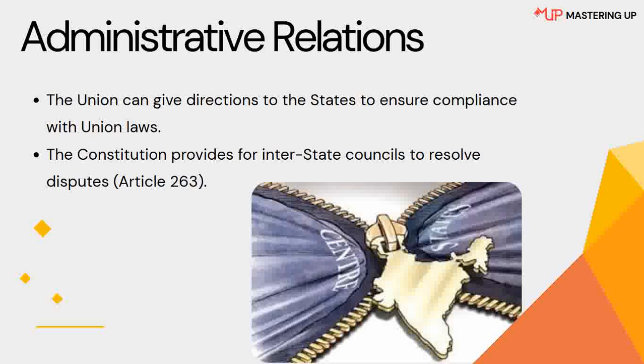To promote coordination and resolve interstate disputes, Article 263 provides for the setting up of an Inter-State Council. This body facilitates cooperation between the center and states and among states themselves. These provisions strengthen cooperative federalism, ensuring that national policies are smoothly implemented while maintaining dialogue between different levels of government.